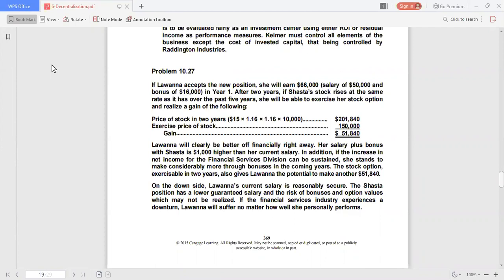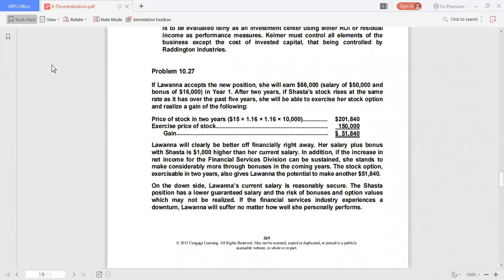The offer includes a salary of 50,000 per year, an annual bonus of 1% of divisional operating income, and a stock option for 10,000 shares of Shasta stock to be exercised at $15 per share in 2 years.